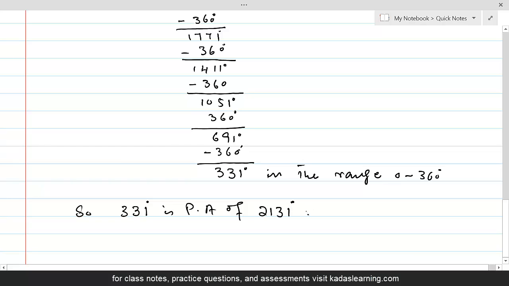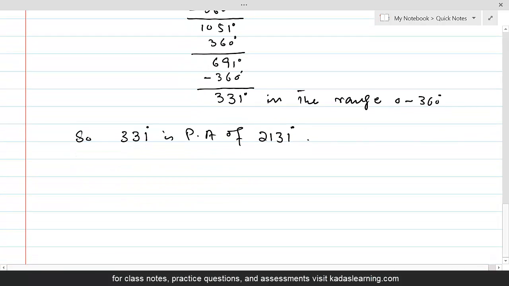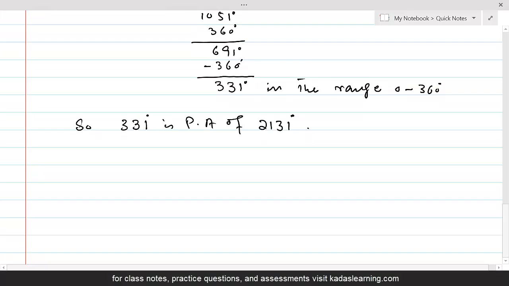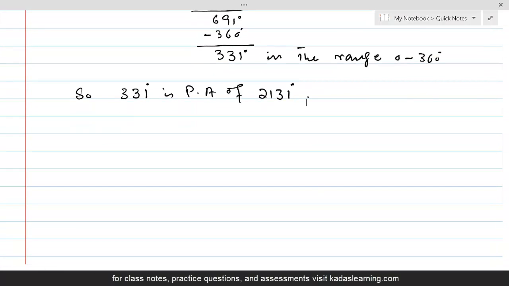But in practice you can just subtract the multiples of 360 and you don't have to do all these calculations. And now there is another question which says find the principal angle for each of the following reference angles. I think we should do that in the next video.